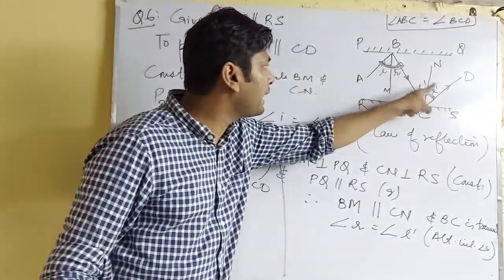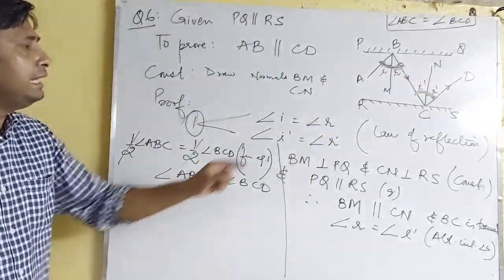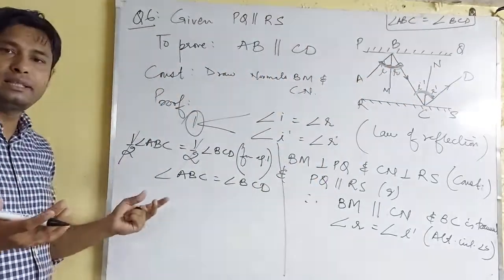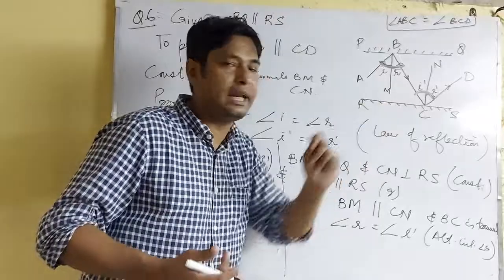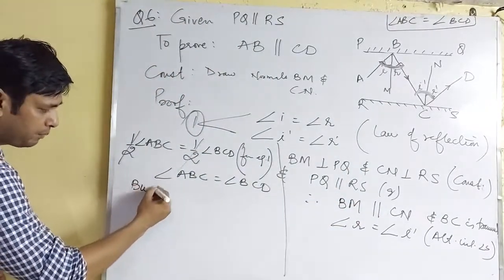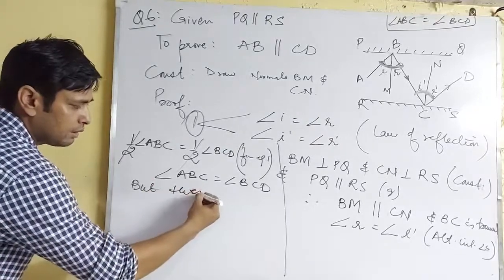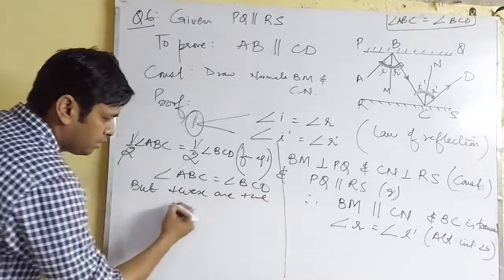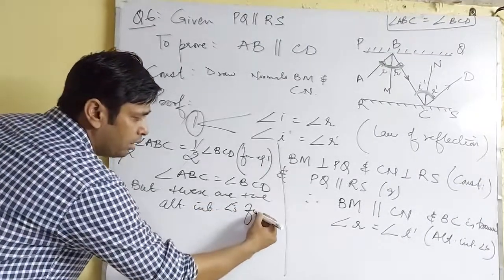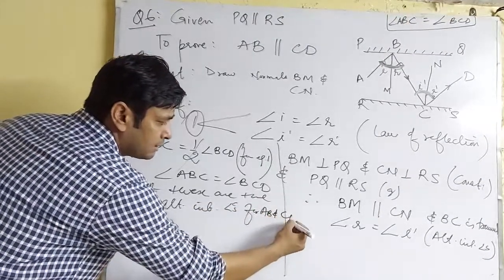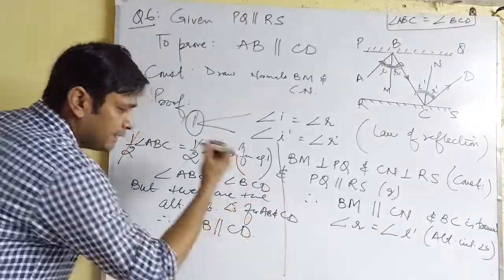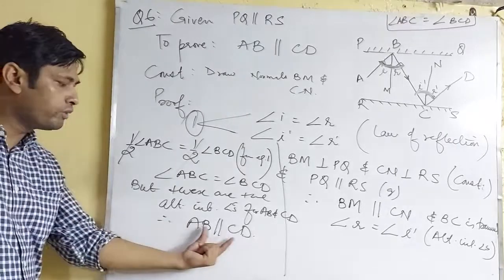Because these two angles are alternate interior angles for AB and CD, and for two lines, if alternate interior angles are equal, the lines are parallel. We'll write it like that: these are the alternate interior angles for AB and CD. Therefore, AB is parallel to CD. So this is how you will prove AB parallel to CD.